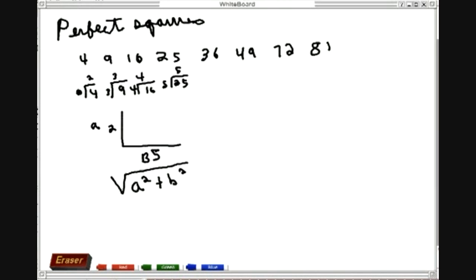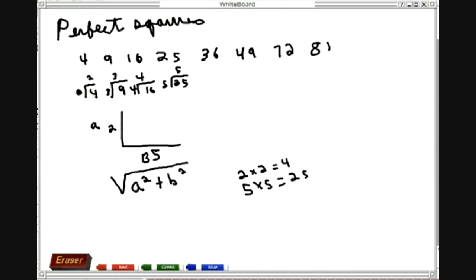So A squared is this number here, so it's going to be 2 times 2, which gives you 4, and B squared is going to be 5 times 5, that'll give you 25.